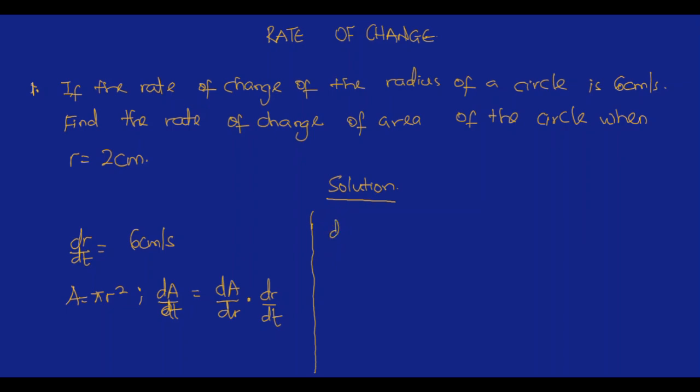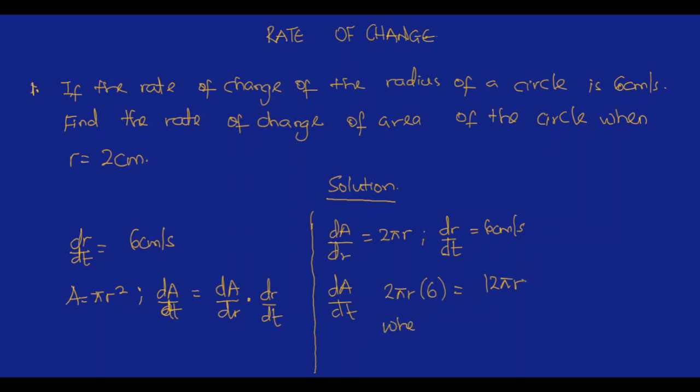So we have dA/dr is equal to 2 pi r, and dr/dt is equal to 6 centimeters per second. It means dA/dt now becomes 2 pi r times 6, which is equal to 12 pi r.